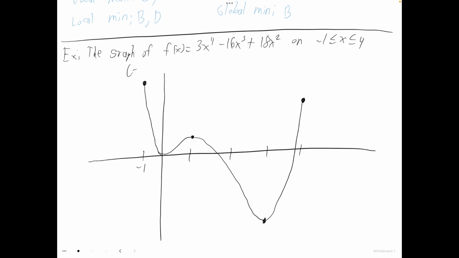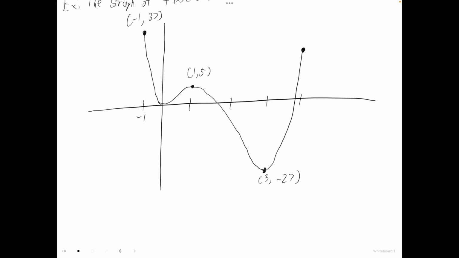And I'll label these points. This is (-1, 37). This is (1, 5). This is (3, -27). And then the point at 4 is not going to really be relevant for its coordinate. So from this graph, notice that the highest point on the whole interval is the point (-1, 37).